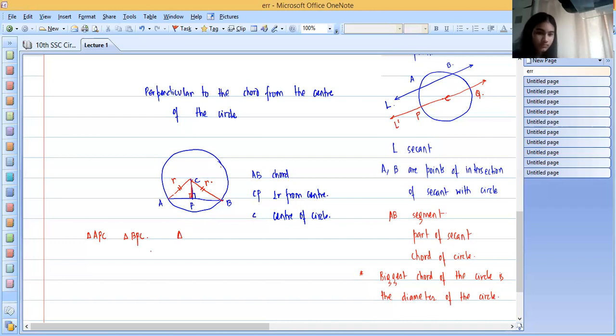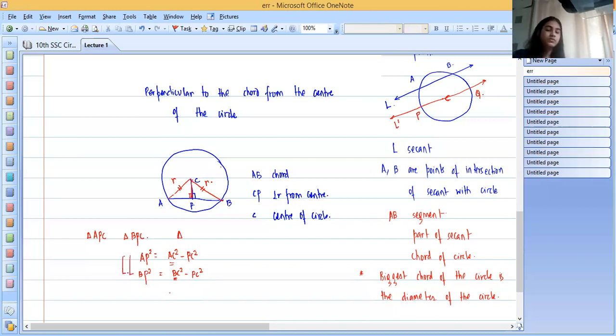See, what is AP square? AC square minus PC square. And what is BP square? BC square minus PC square. But AC is equal to BC, both are R. So AP square equals BP square, so AP is equal to BP.